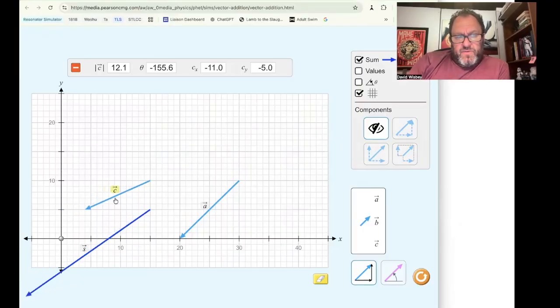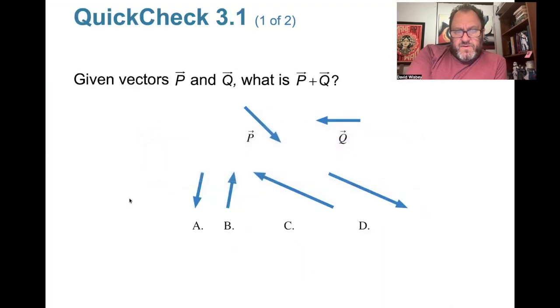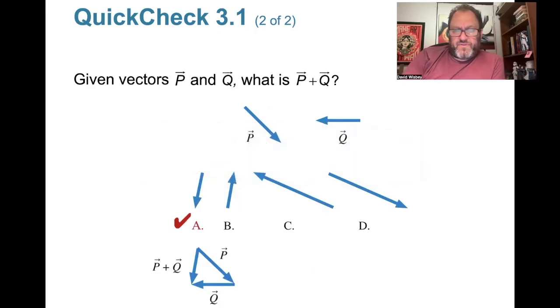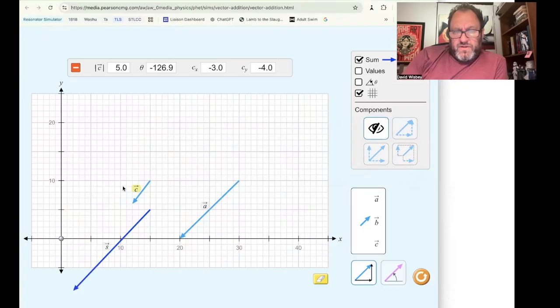Now let's see here. What did P and Q even look like? Okay, P is down and to the right at a 45-degree angle, and Q is to the left. I want to see the answer. There we go.